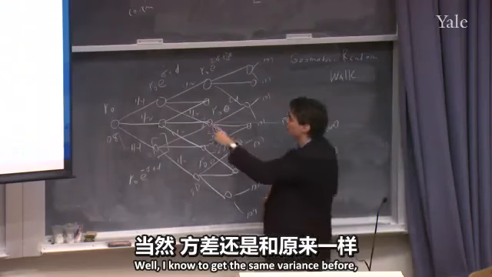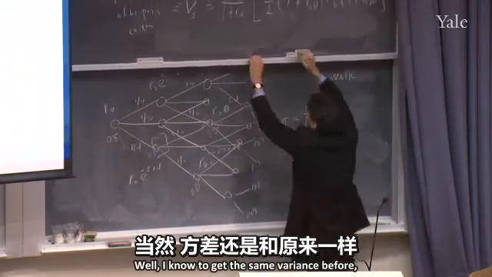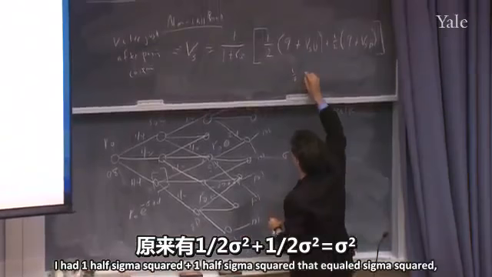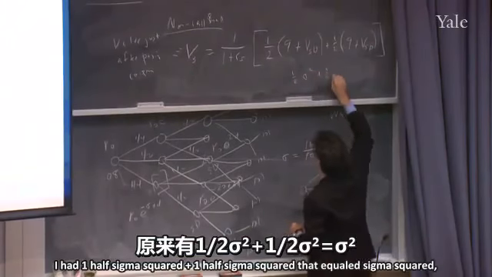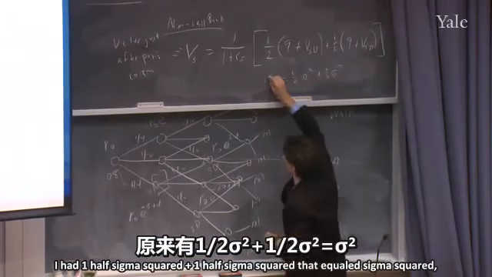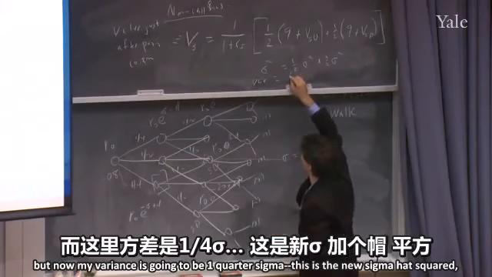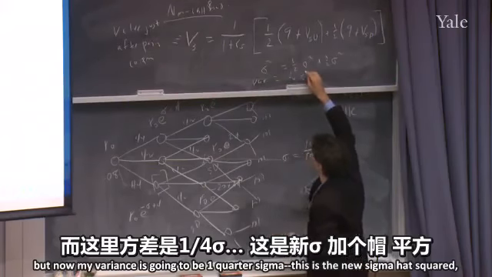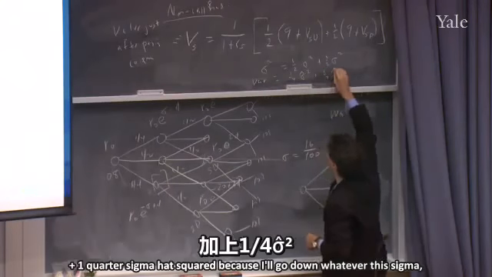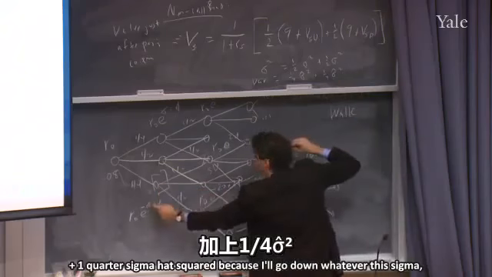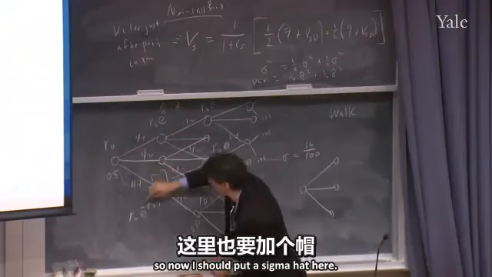To get the same variance, before I had a half sigma squared plus a half sigma squared, that equals sigma squared. But now my variance is going to be a quarter sigma hat squared, this is the new sigma, plus a quarter sigma hat squared. So I should put a sigma hat here.